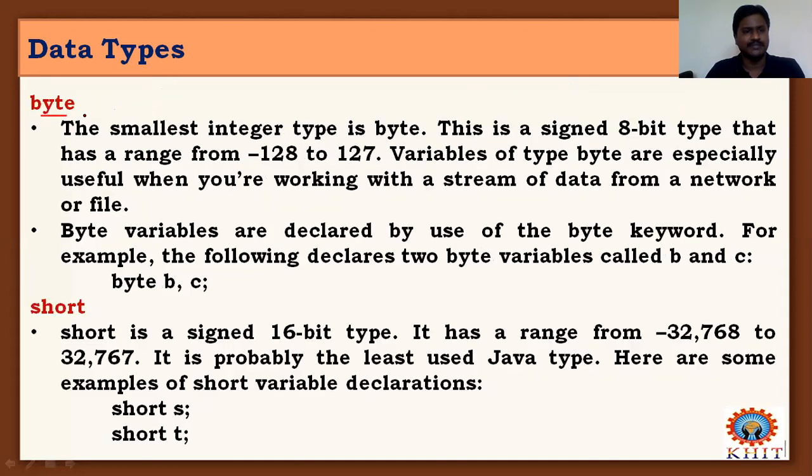Coming to byte individually, it takes 8-bit storage for the value, so the range of values it can hold is -128 to 127. This is the example declaration of byte variables. And coming to short, it is 16 bits, nothing but 2 bytes, so the range of this one is -32,768 to 32,767. This way you can define short variables.